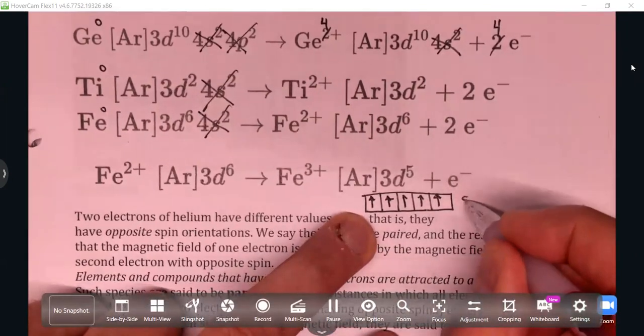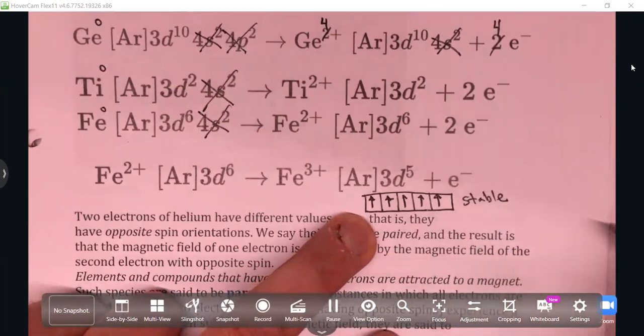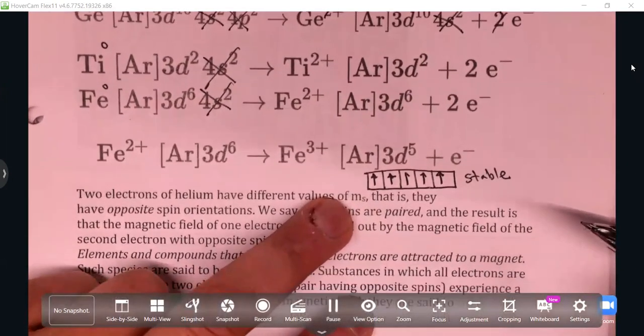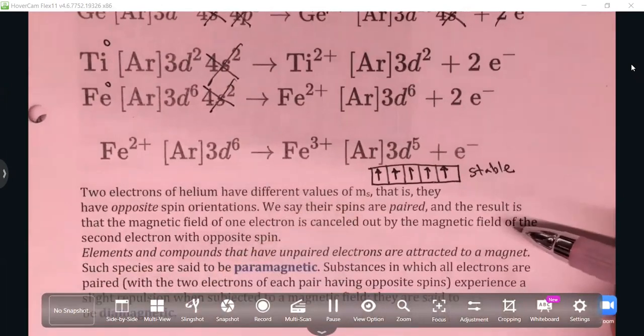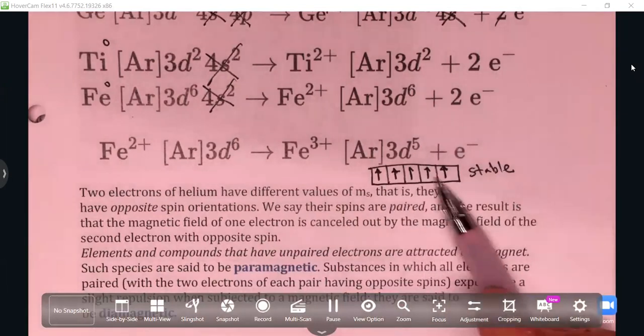That's pretty stable, right? So it stops. It doesn't take on a +4 charge. It takes on a +2 or a +3. Sometimes you can explain the ion charges with these half-filled sublevels, which are really stable.